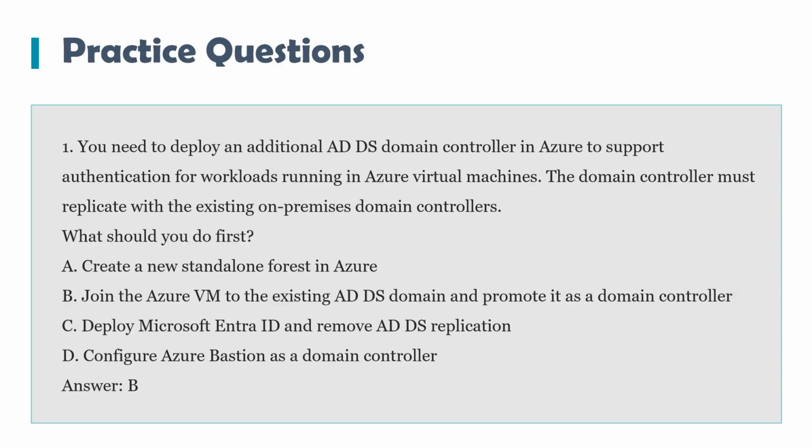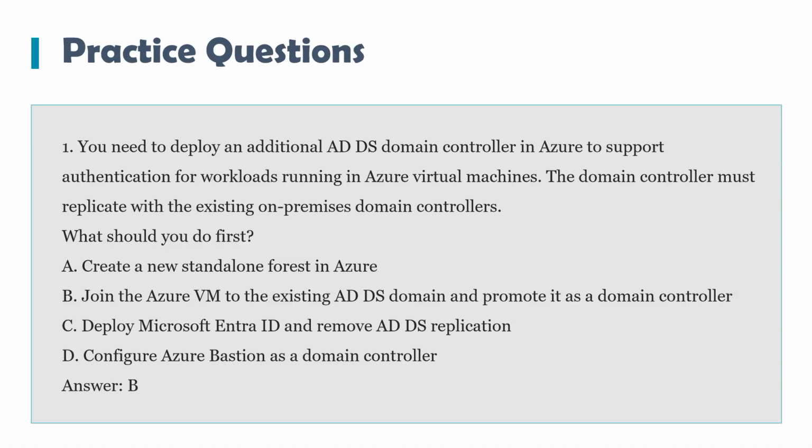1. You need to deploy an additional ADDS domain controller in Azure to support authentication for workloads running in Azure virtual machines. The domain controller must replicate with the existing on-premises domain controllers. What should you do first? A. Create a new standalone forest in Azure.